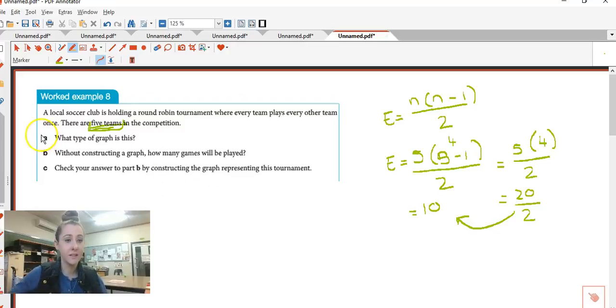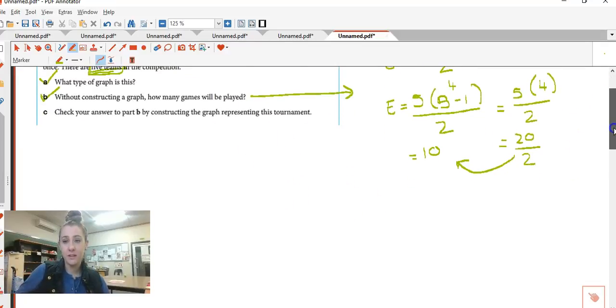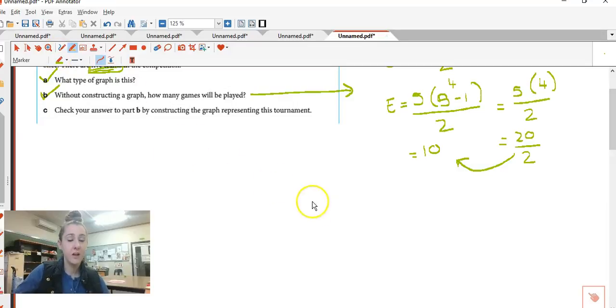So that gives us question A, and question B was this part. So now it wants us to check our answer by completing the graph. I know that there are going to be 5 vertices because there are 5 teams, so I'm just going to go ahead and draw 5 vertices.